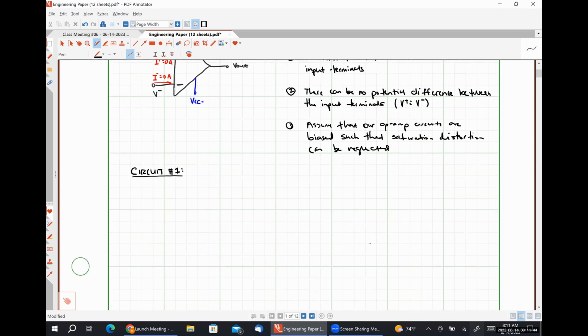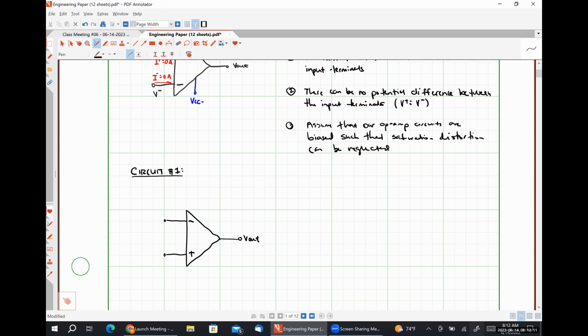So I'm going to start with my op-amp. Most of the time, I'm going to draw the inverting input terminal on top for these cases because we're going to have negative feedback, and so it just looks a little cleaner to me. Here's our output voltage.